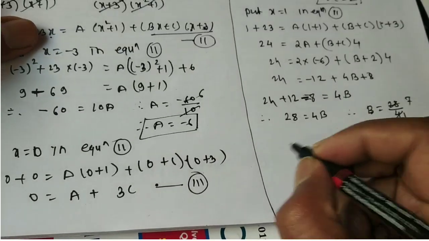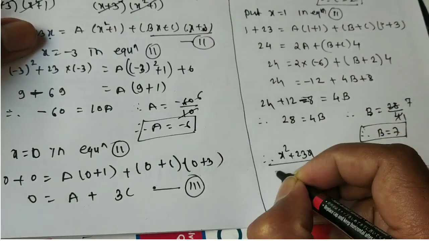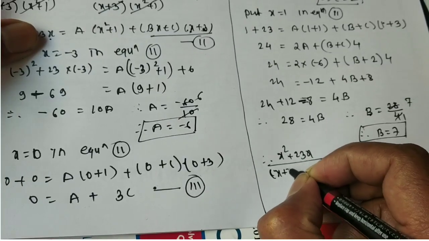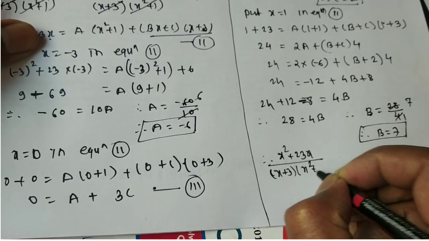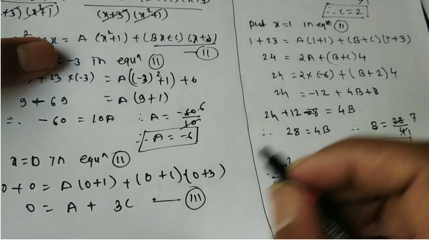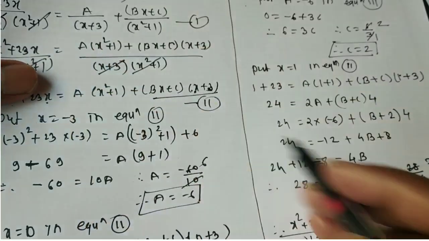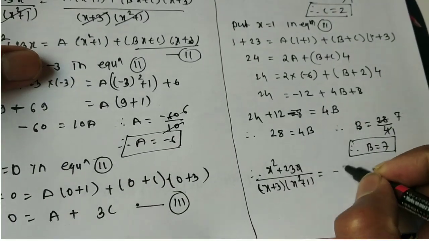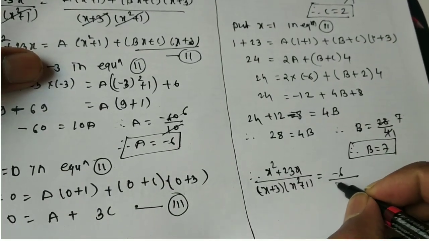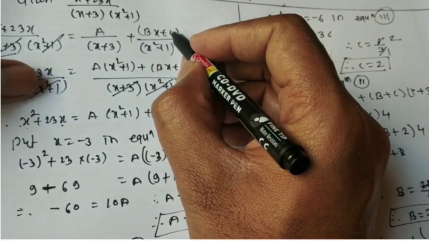Now therefore x square plus 23x divided by x plus 3 into x square plus 1, which is equal to replace the value of this a. A is what? -6. So -6 divided by x plus 3 plus what is b? We have to put b and c also.